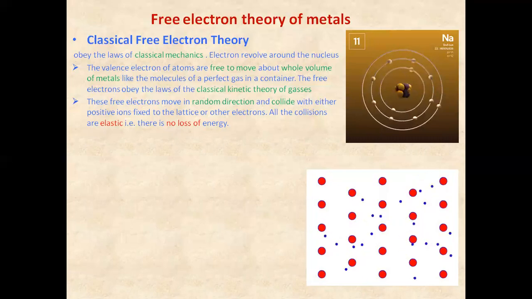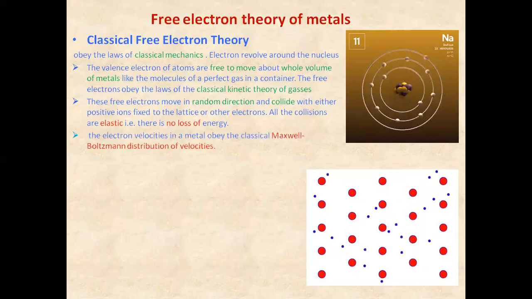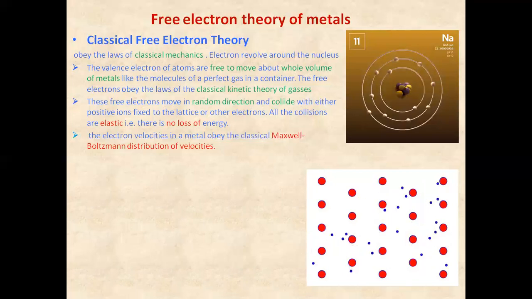Here, the random collisions between the electrons, or between the electron and the lattice ions, are elastic. Now, the electron velocities in metal obey the classical Maxwell-Boltzmann distribution of velocities. This Maxwell-Boltzmann statistics explains the macroscopic particle behavior.